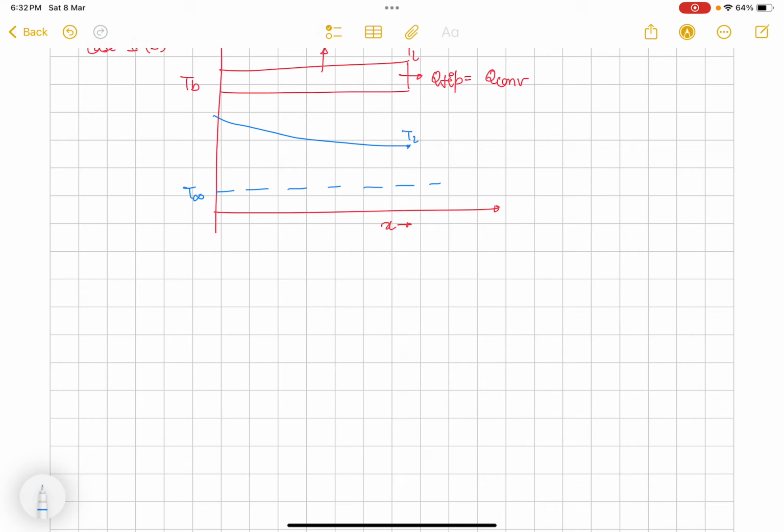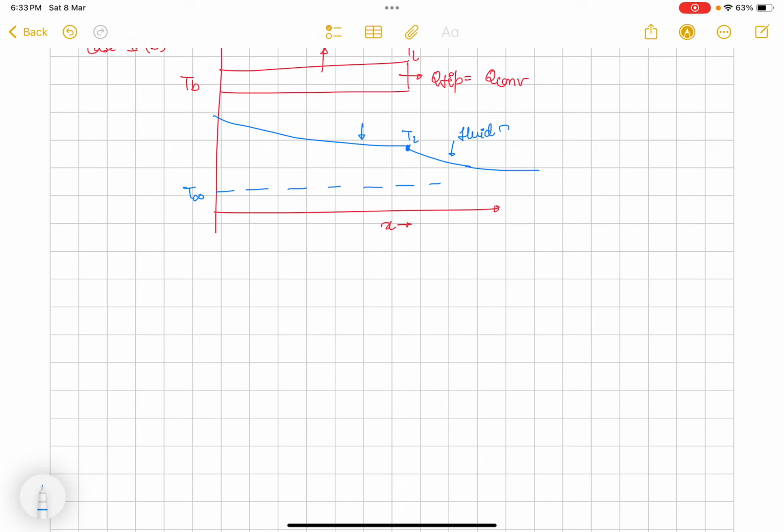And from here, convection temperature profile. Outside this, we have fluid, so fluid temperature variation. This is fin temperature variation. This is fluid temperature variation, because fluid in contact with the tip will be at a higher temperature as compared to the fluid in ambient, right?